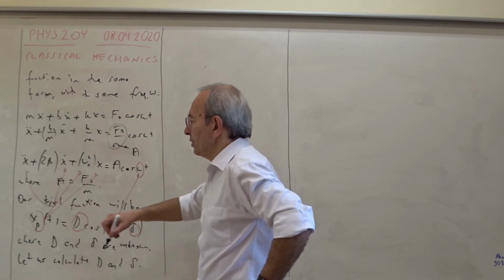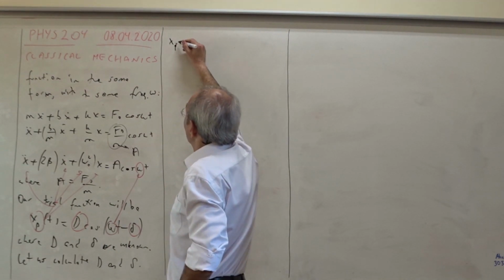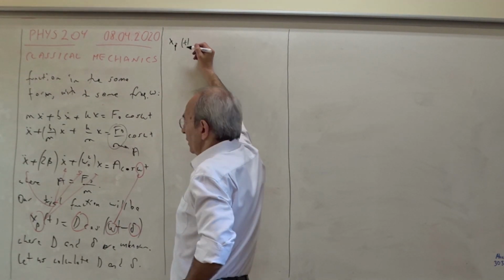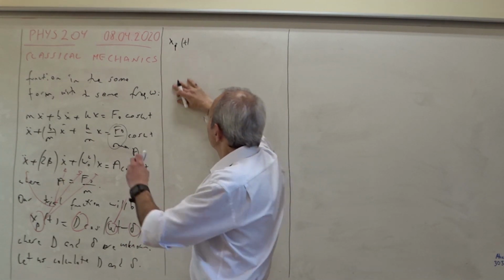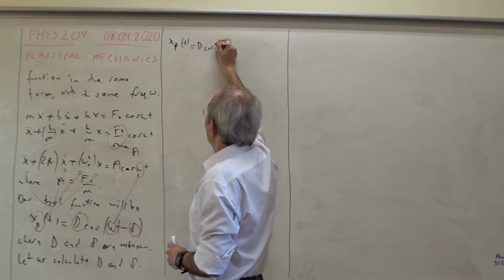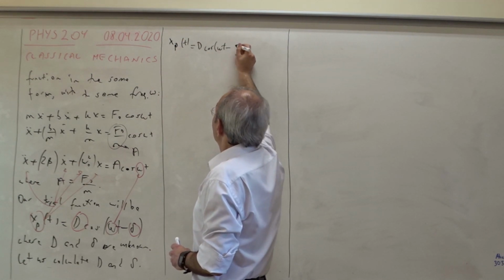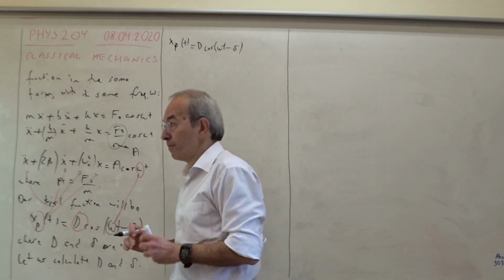Let me rewrite x particular of t: D cosine of omega t minus delta. This is our assumed trial function.